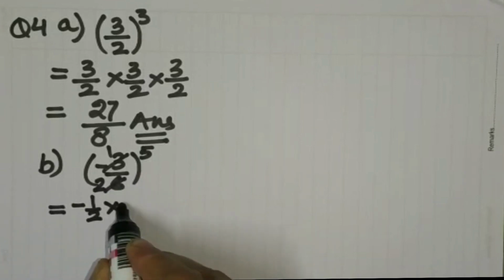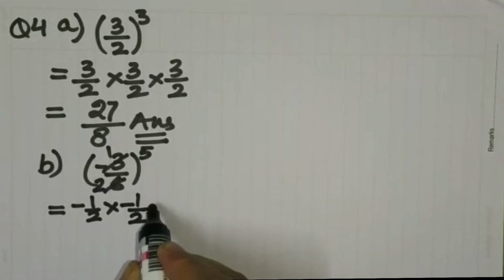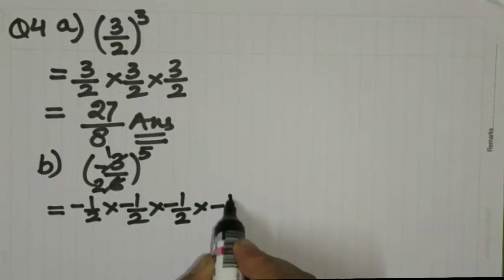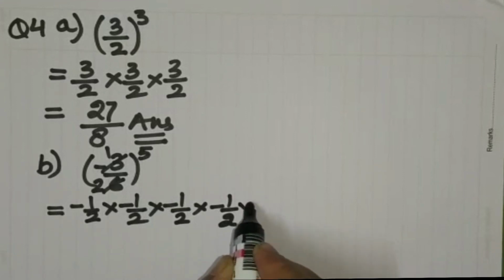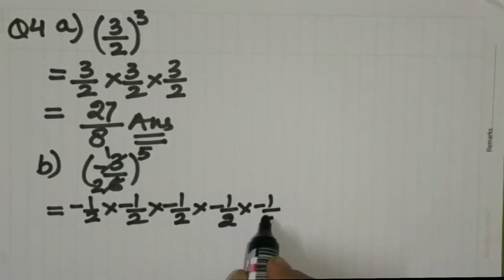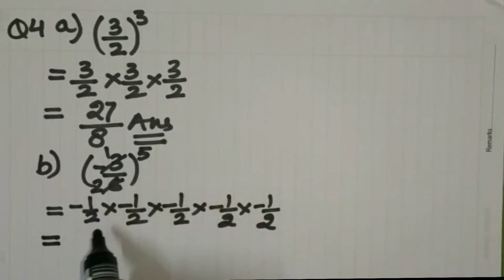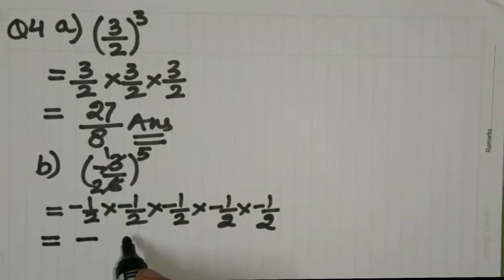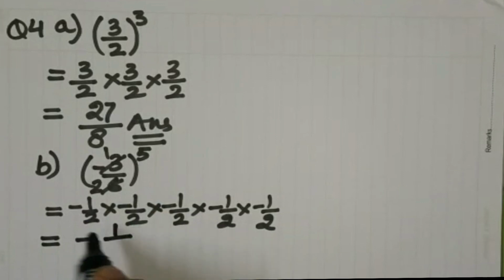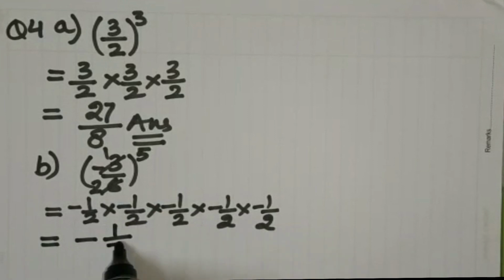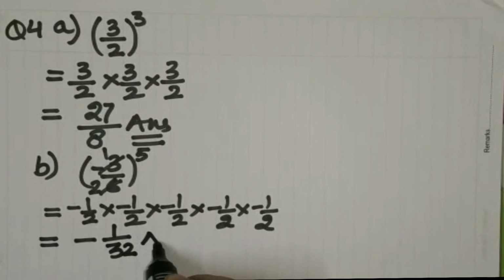So minus 1 upon 2 multiplied 5 times because power is 5 and base is negative. Power is odd number, so product will be negative. So 1 upon 2, 2 2s are 4, 2 4s are 8, 2 8s are 16, 2 16s are 32. Answer.